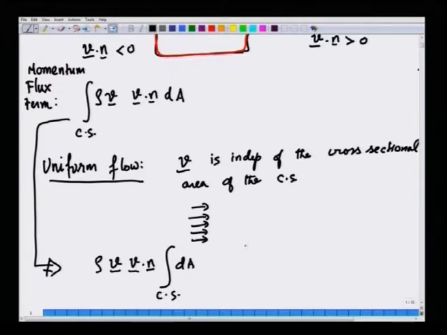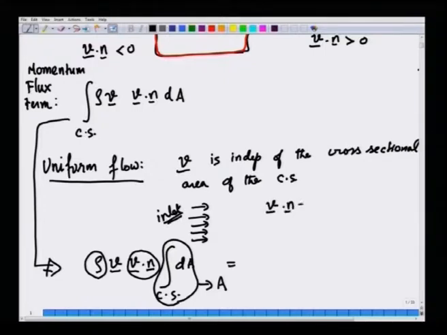This is simply equal to the summation, and the integral over dA is simply A. Let us focus on the inlet part of the control surface. So, v dot n is minus v, and so this gives you minus rho v A times the velocity vector.